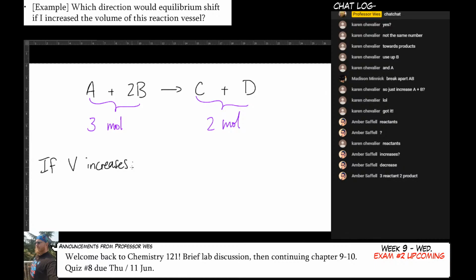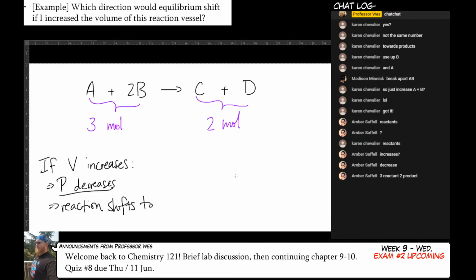All right, if the volume for this reaction increases, then what will happen to the container? Well, V goes up, P will go down. And if P goes down, I got to fix it. How do I fix it? Well, the reaction will shift in which way?